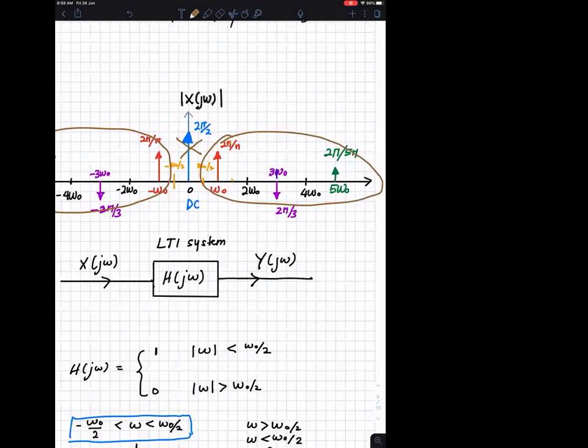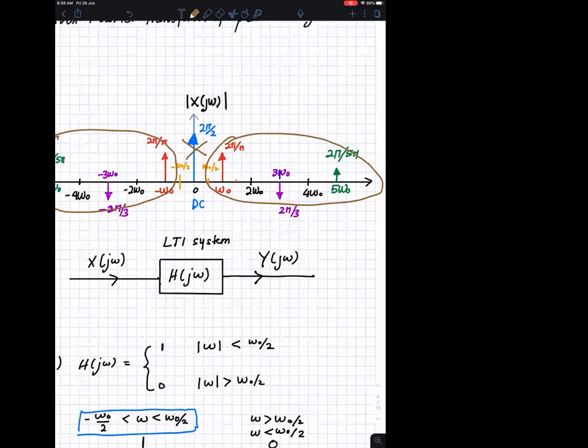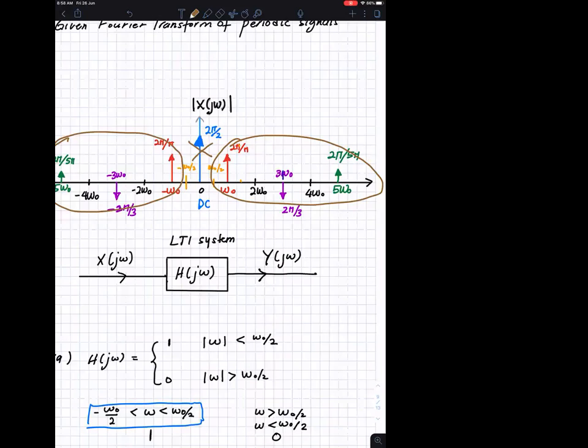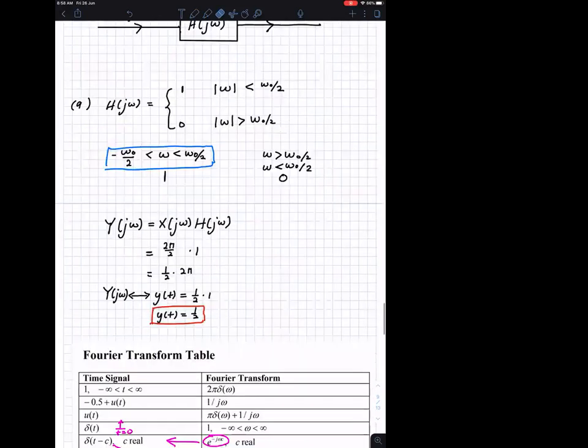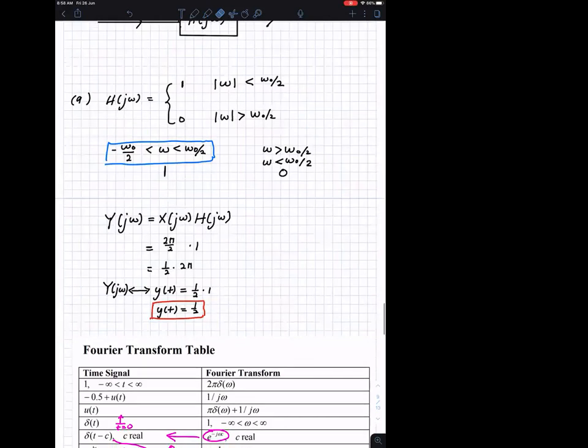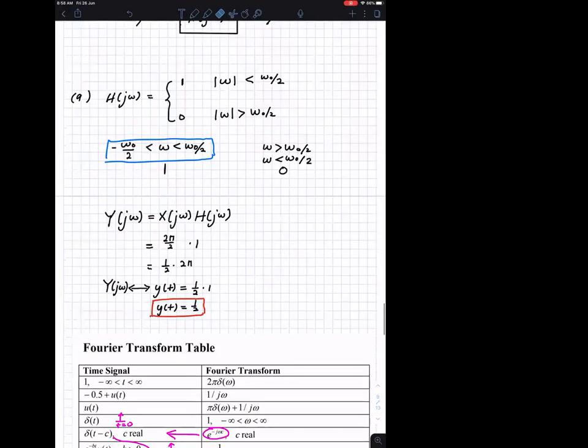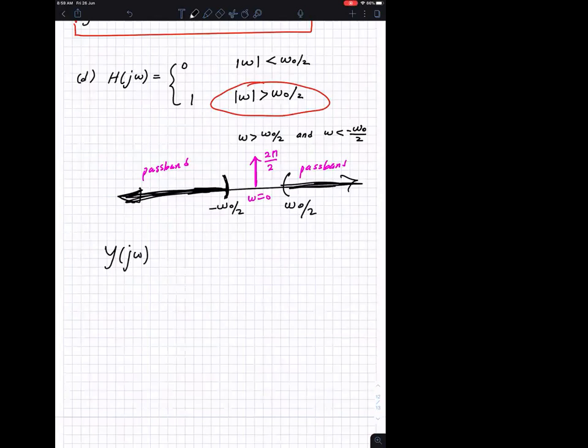So therefore, Y(omega) is the input multiplied by the filter, the frequency response of the filter. This is just 1. Okay. So the inverse.